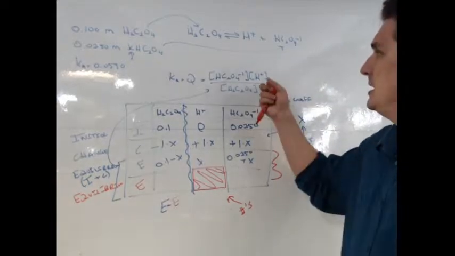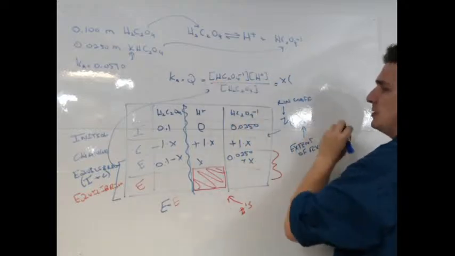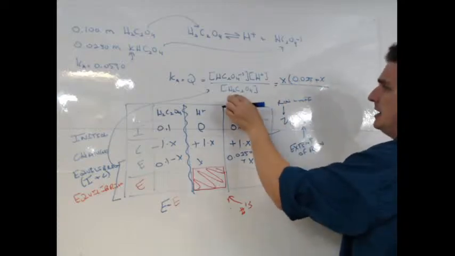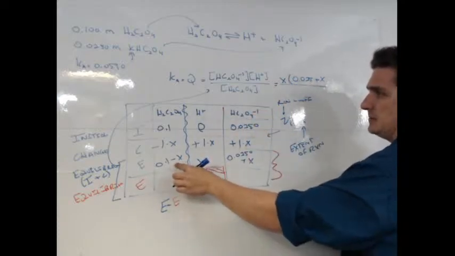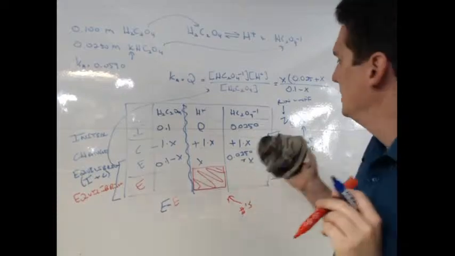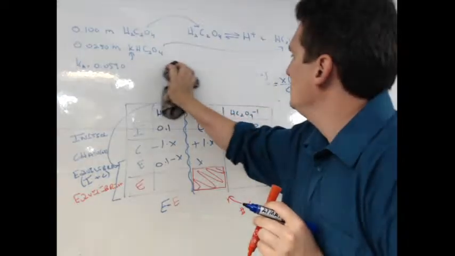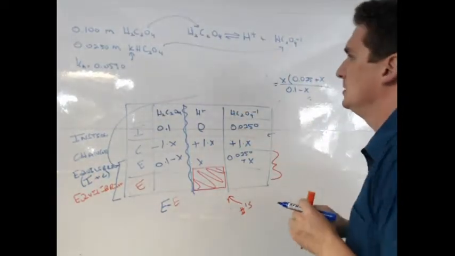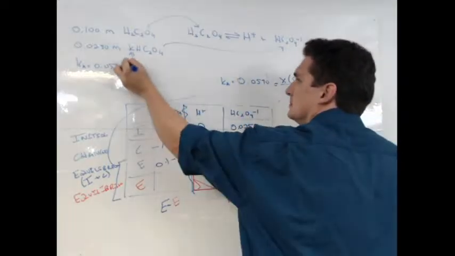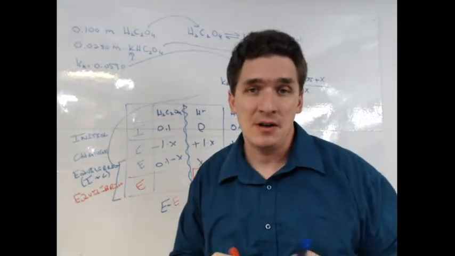And what we'll get is that H plus is equal to X. The concentration of HC2O4 minus is 0.025 plus X, and the equilibrium concentration of H2C2O4 is 0.1 minus X. So this all equals Ka, which is 0.0590. So from here, it's just algebra. You're going to use the quadratic formula to solve for X.